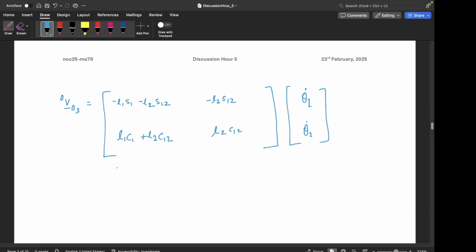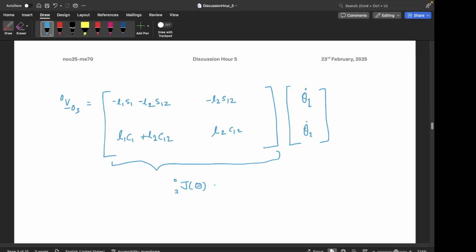Now this matrix that you see here is a very special matrix. This is the Jacobian, the Jacobian of the end effector with respect to 0, expressed in the 0th frame, right?